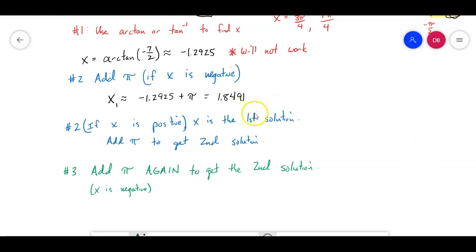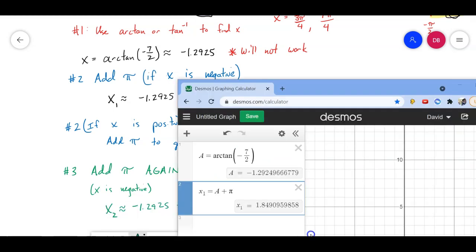Or was your first one positive and you just have to add pi one time? It just depends on whether you got a negative or positive first. So x2, the second solution in this case, is approximately that negative 1.2925 plus pi twice, or we can just say plus 2 pi.